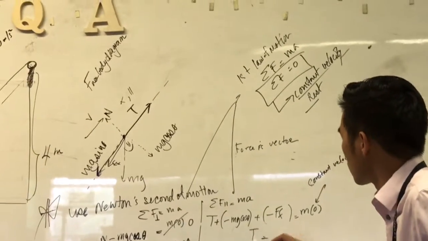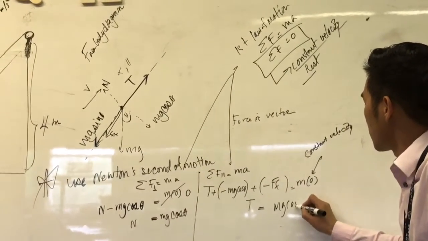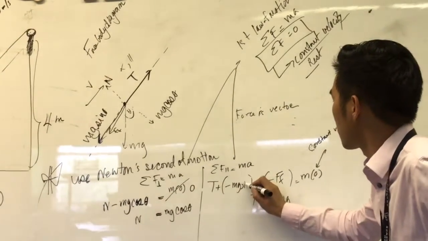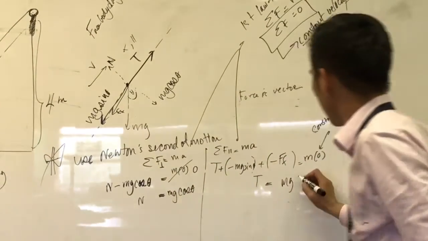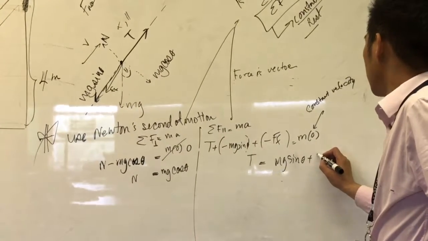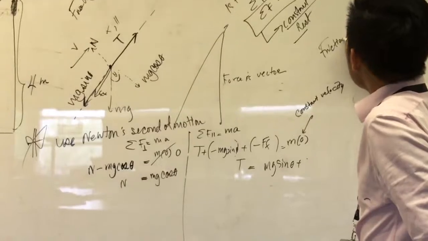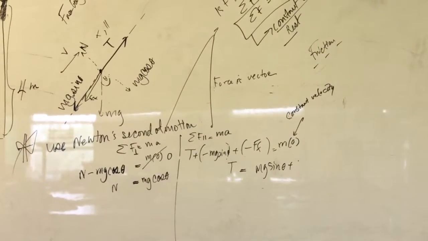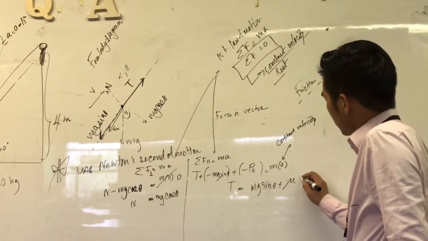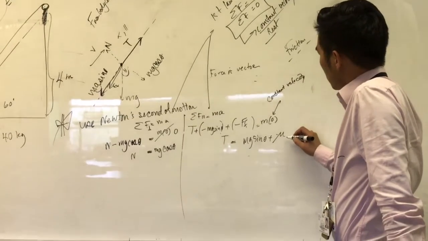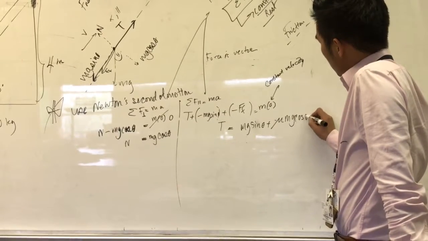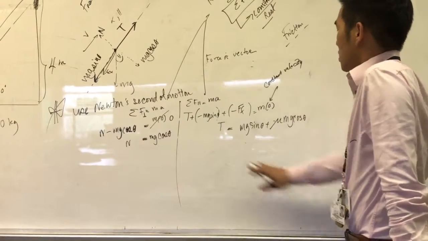Now, tension is equal to what? mg sine plus friction, because that's on the plane. Remember, you normally always overcome the static friction force in order for the object to be moving. So that would be mu times N. The normal force in this case is mg cosine.